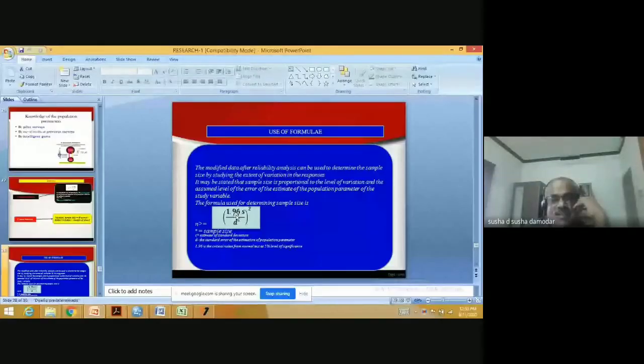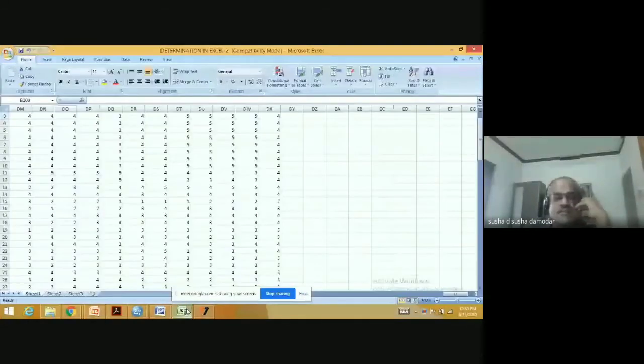Firstly, 1.96, it is already here, then standard deviation, then the standard error of the estimate of the population parameter. For that purpose, we have to calculate firstly the mean and standard deviation, then apply this formula in Excel. See how to apply this formula in the Excel sheet for the fixation of optimum sample size.